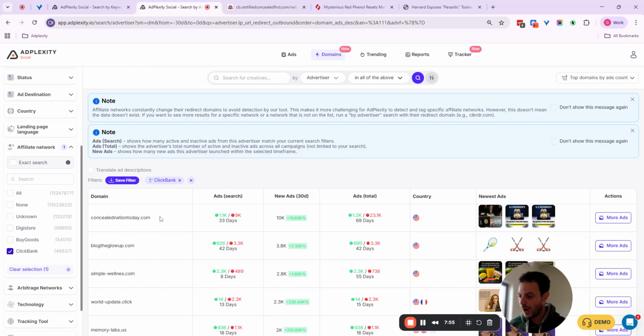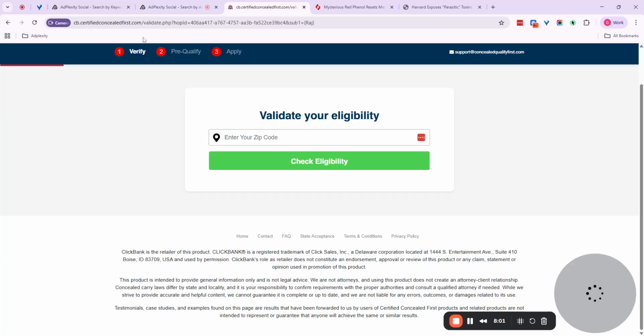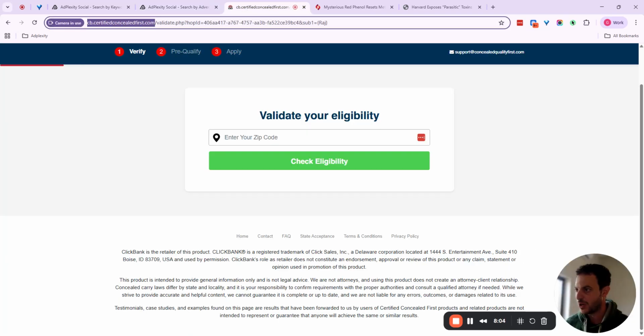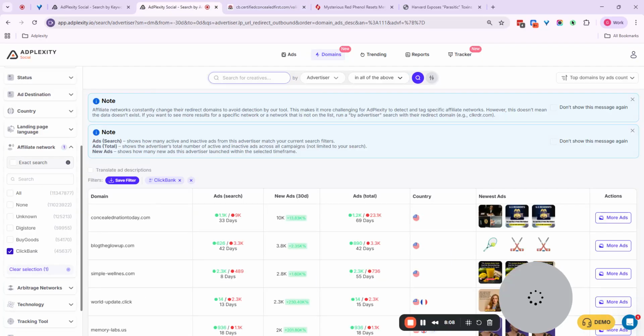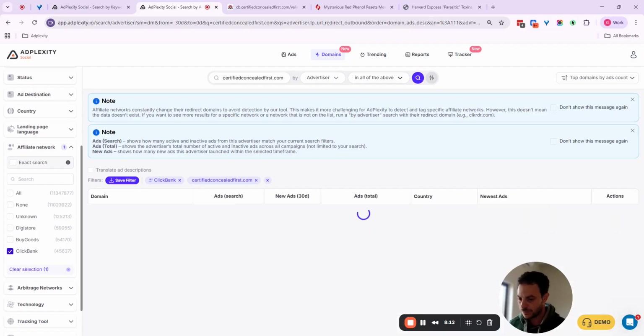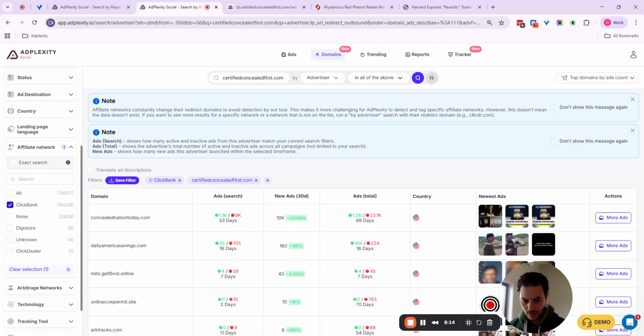So let's go a little bit deeper now, and let's see how many domains we can find sending traffic to the actual offer. So in this case, it's going to be certified concealed first. Let's see what happens if we do this. All right. Wow.